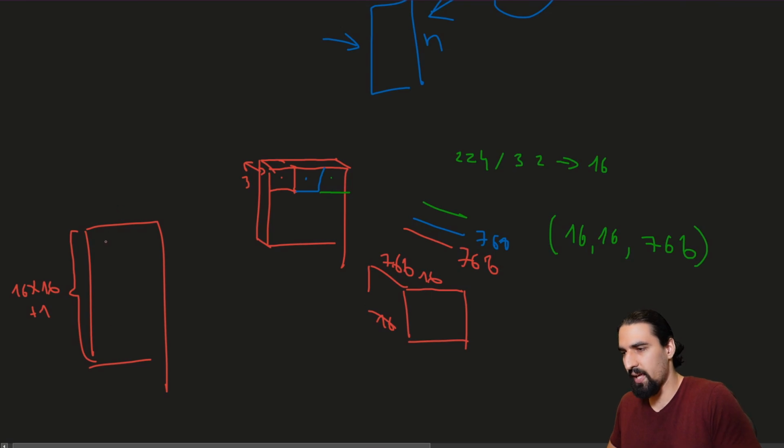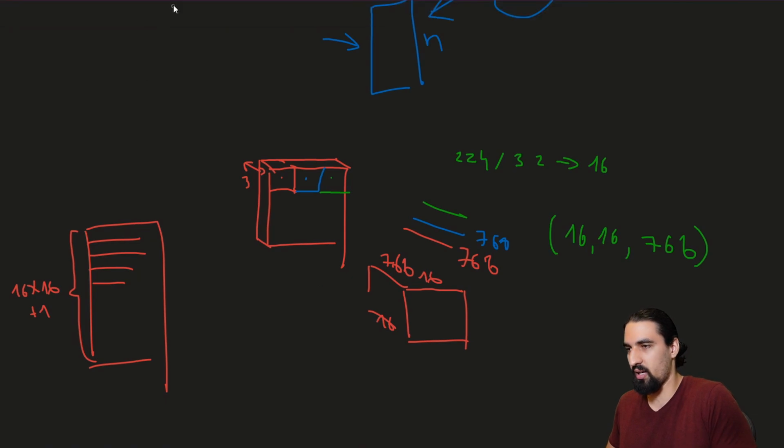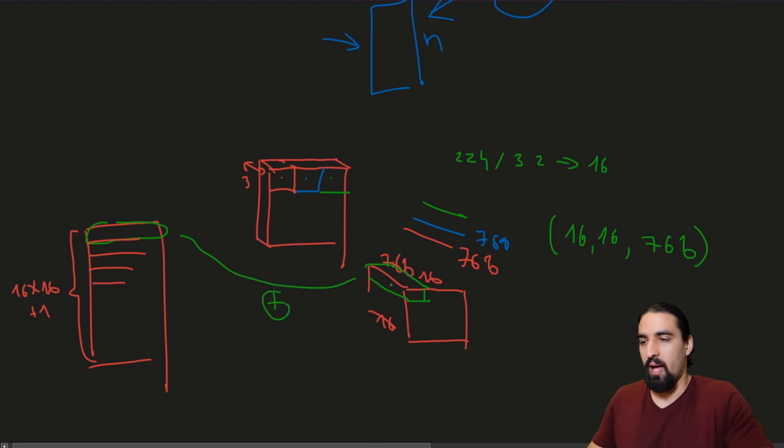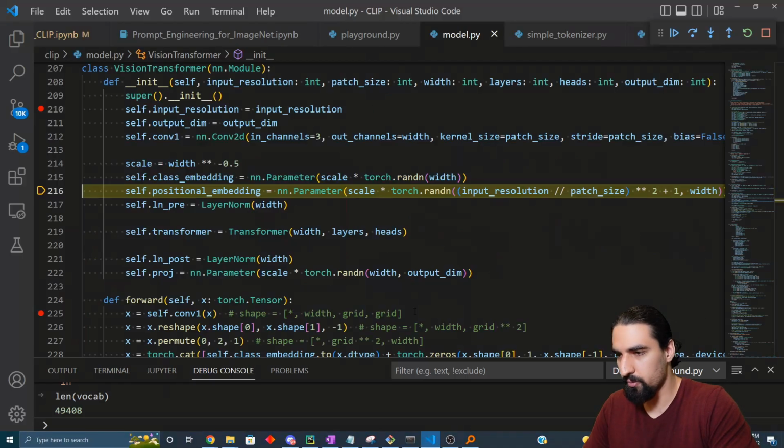Okay. And we'll have corresponding embedding vectors. Now we'll be learning these and then adding them on top of these ones. So this position vector here will always be added to the first vector here. We'll do the summation between those two, and that's gonna happen in the forward pass of the ViT. Okay, let's go back to the code.